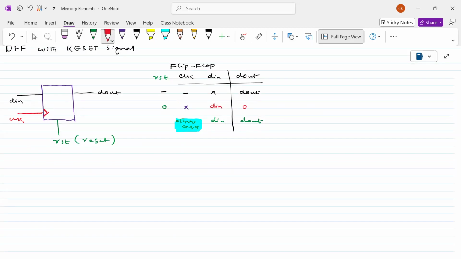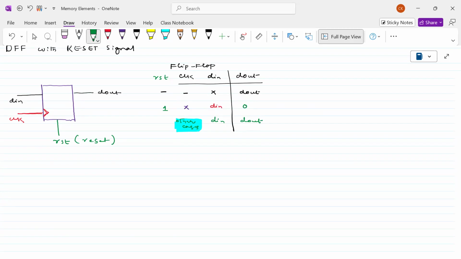I'm so sorry, I want to talk about the positive value of RST, not the negative value. You can take the negative value also, but for the time being I'm not going to talk about it. So RST is equal to 1, then it should be 0.